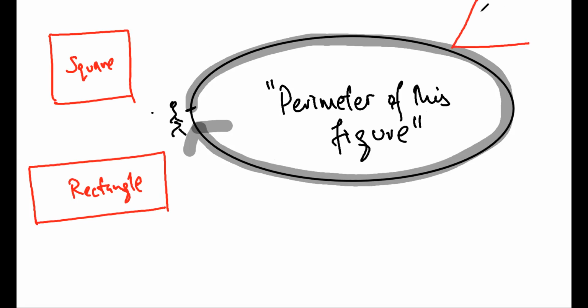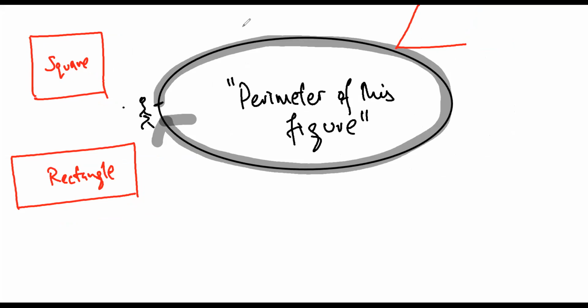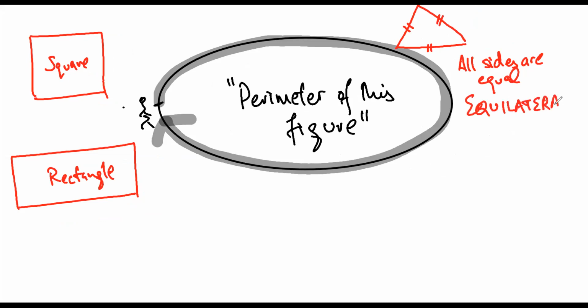Do you know what is the equilateral triangle? Whose sides are equal? Yes. If this is a triangle whose all sides are equal, then this is called an equilateral triangle.